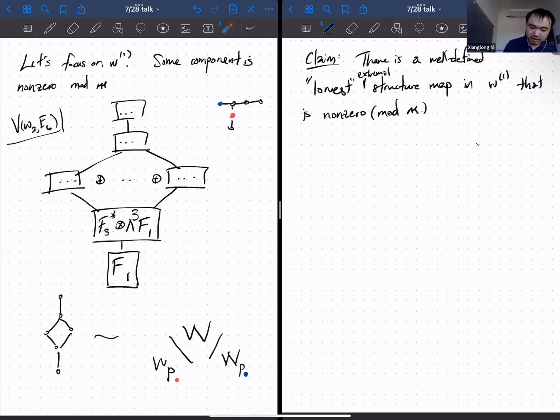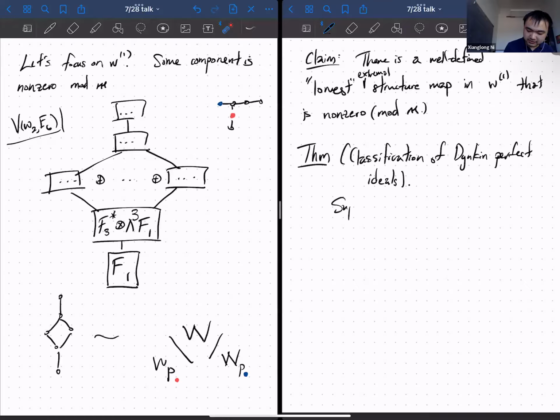And now I'm finally ready to state the second main result, the theorem classification of Dynkin perfect ideals. Here's the statement. Suppose 1, B1, B2, B3 is Dynkin.